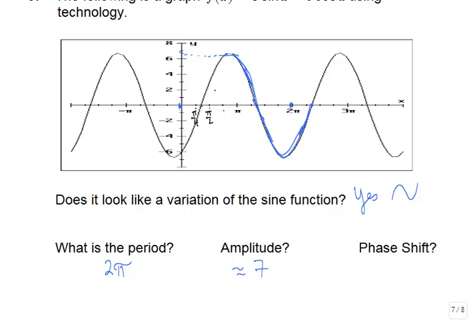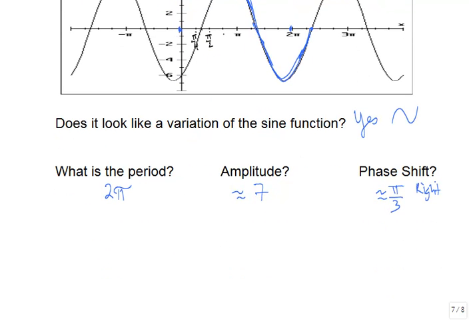So let's just estimate it to be around pi over 3. So it's approximately shifted over to the right by pi over 3. And if you're shifting right, remember that would show up as a minus inside the parentheses, right? So you would have sine of x minus pi over 3 in your equation.